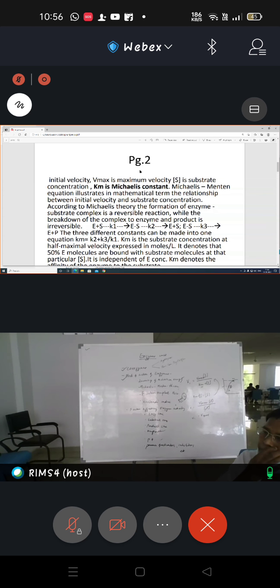That is, there is no change in the rate of reaction even on increasing the substrate concentration.